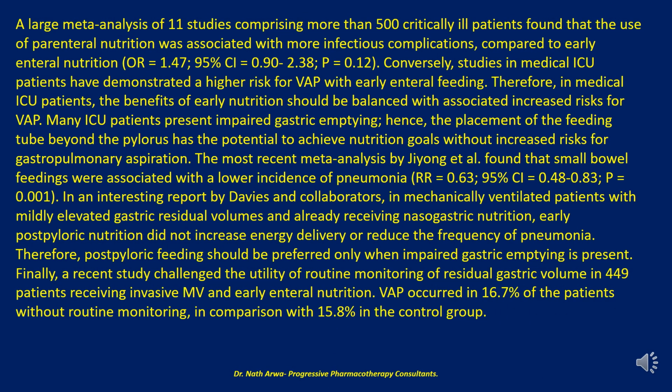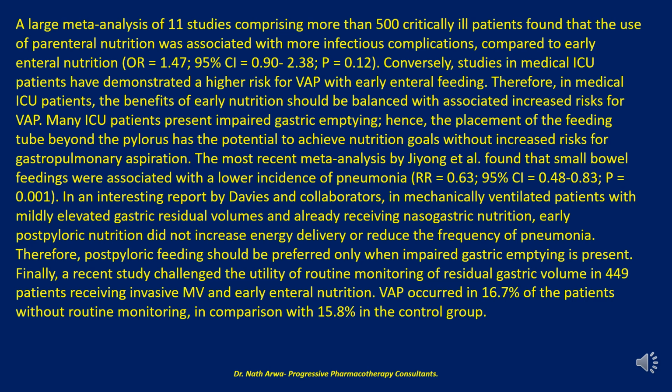A large meta-analysis of 11 studies comprising more than 500 critically ill patients found that the use of parenteral nutrition was associated with more infectious complications, compared to early enteral nutrition, odds ratio equal to 1.47, with a 95% confidence interval of 0.9 to 2.38, with a p-value equal to 0.12.